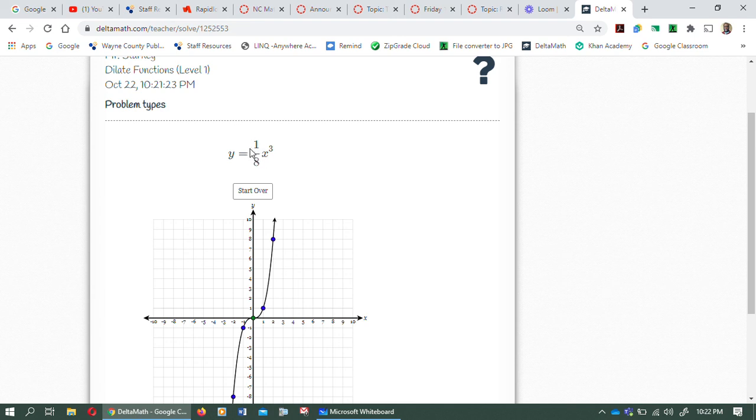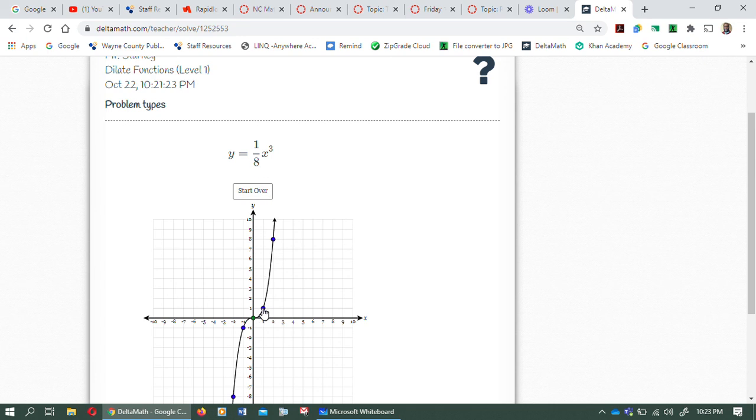Again, guys, they could have made this number negative 1/8. It would still be a vertical shrink, but if it was negative 1/8, not only would it be a vertical shrink by 1/8, it would also be a reflection.